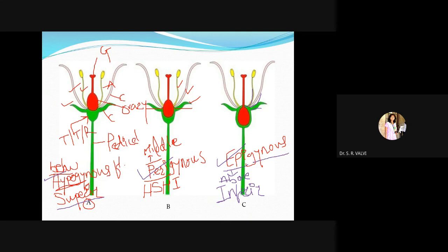In the second condition, perigynous, peri means middle, middle of the ovary, the rest of the floral whorls arise. And here the ovary condition is half superior, half inferior. In the third condition, epigynous, epi means above, above what? Above the gynoecium, the rest of the floral whorls arise, and the ovary is an inferior ovary.